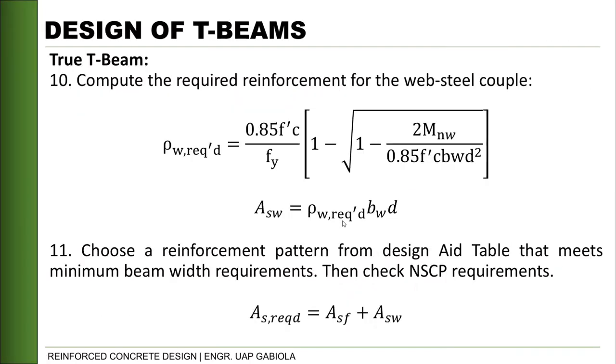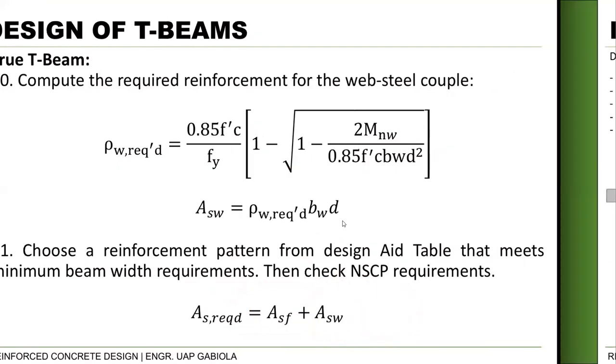Once we have our Mn, we will use the formula for rho to calculate the value of rho. But take note of the value of b, since we are now considering the web portion of our decomposed section. The b value should be bw. And then we will be able to calculate Asw. And lastly, we can determine the area required of the section by adding the area required of the flanges and the area required of the web.